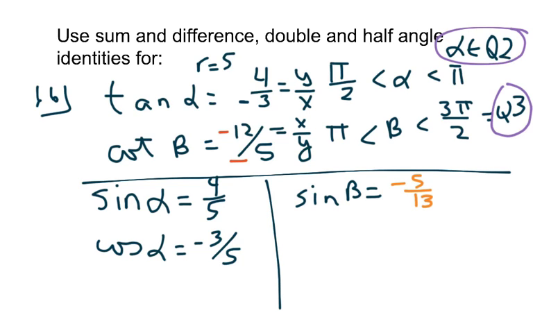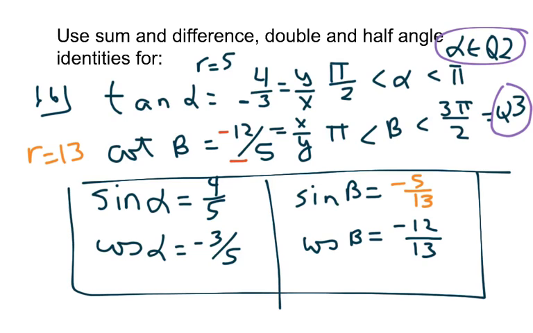Why 13? Because this is 5, 12, 13, and r would be 13 for this. Just knowing your triples saves you a lot of time. Cosine of beta, therefore, would be x, so that's going to be negative 12 over r. And once you have these, you're good to go.